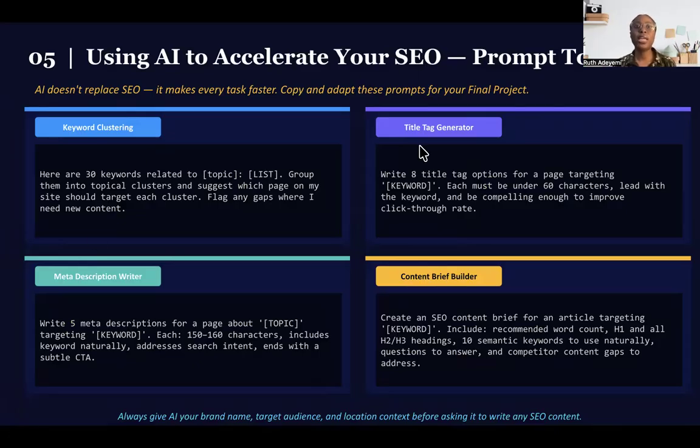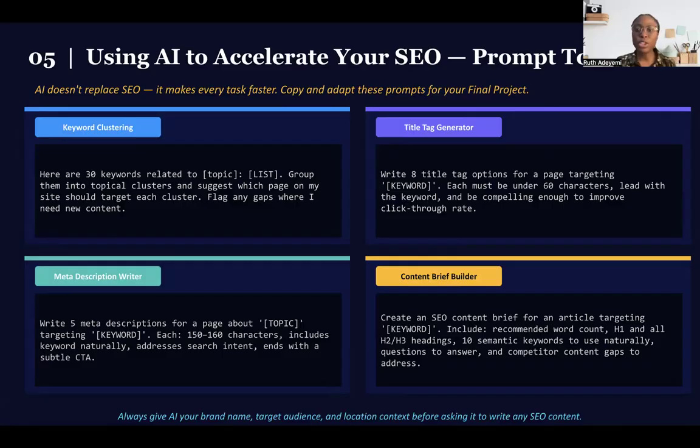So, finally, how do you use AI to accelerate your SEO? Because yes, AI is here to stay and there's nothing we can do about that. You could use AI to give you keyword ideas. You could use AI to generate title tags, the title for your blog post, and tell it to include the keyword that you have chosen.